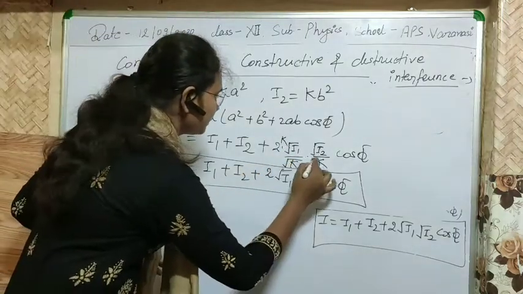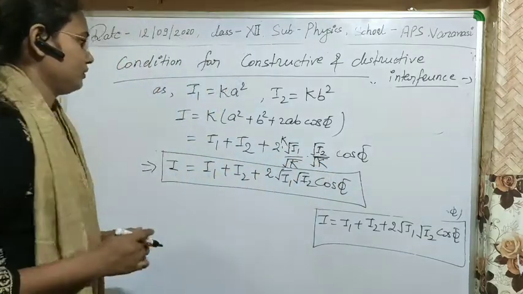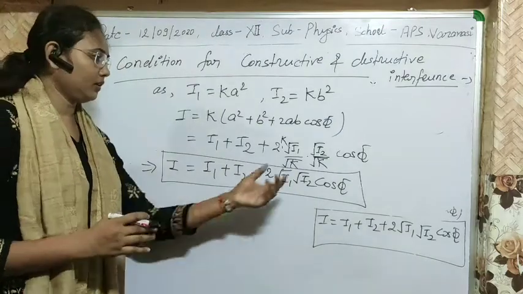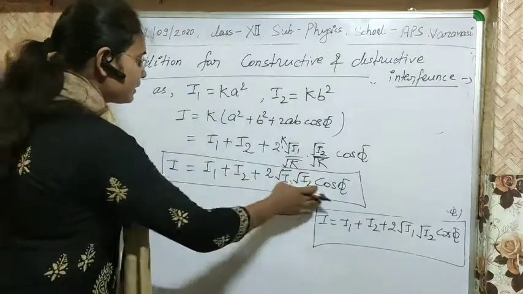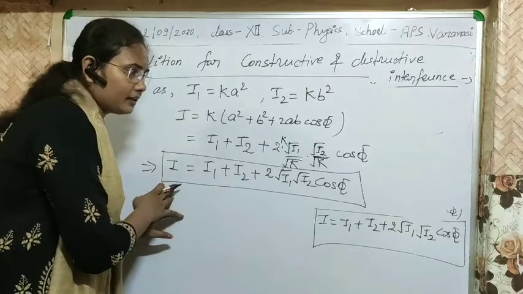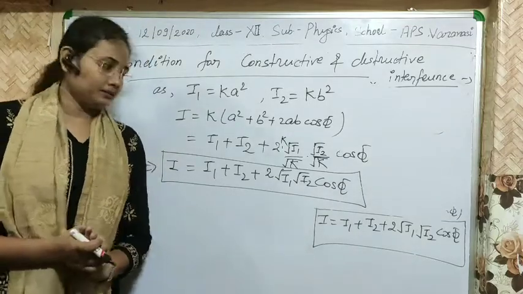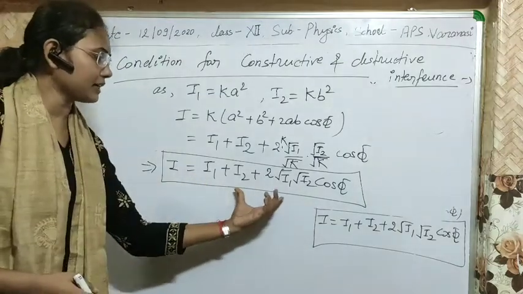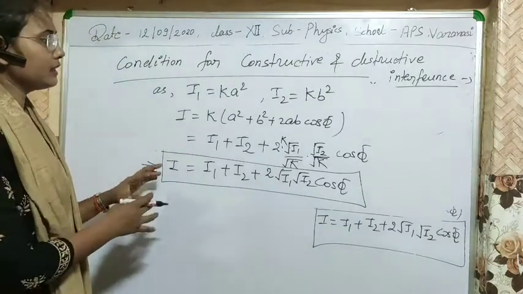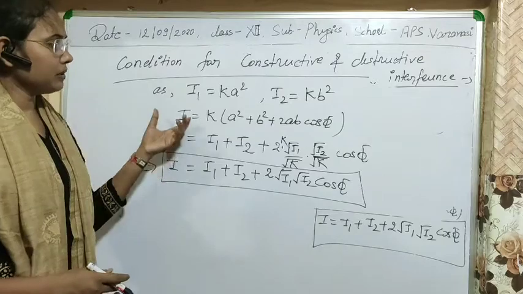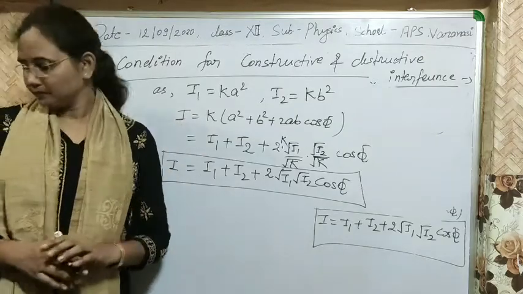This will be root k, this will be root k. Okay? Now I think it's clear. So this is the equation for resultant intensity after the superposition of two light waves simply in Young's experiment, and we can easily calculate maximum and minimum intensity from here.